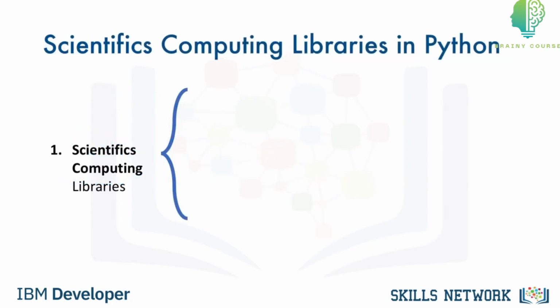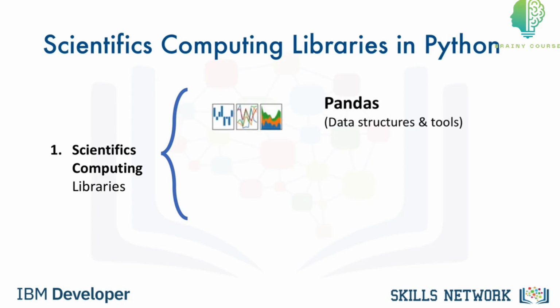Libraries usually contain built-in modules providing different functionalities that you can use directly. These are sometimes called frameworks. There are also extensive libraries offering a broad range of facilities. Pandas offers data structures and tools for effective data cleaning, manipulation, and analysis. It provides tools to work with different types of data.